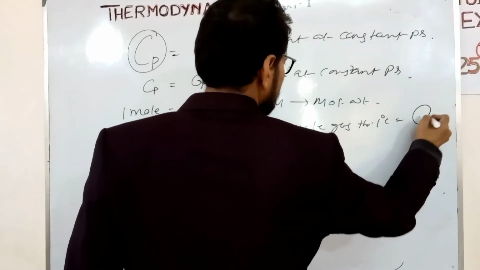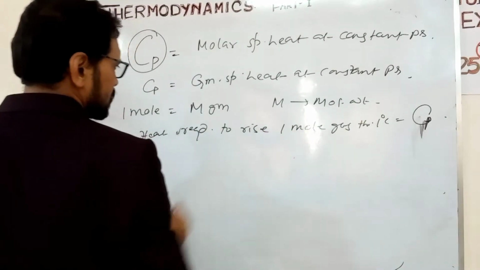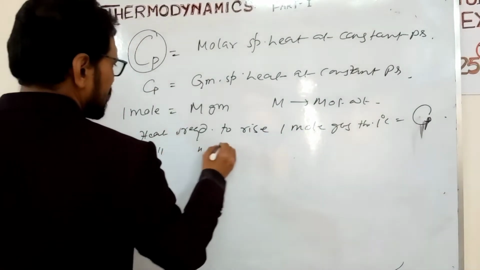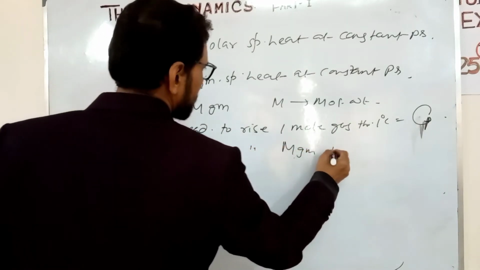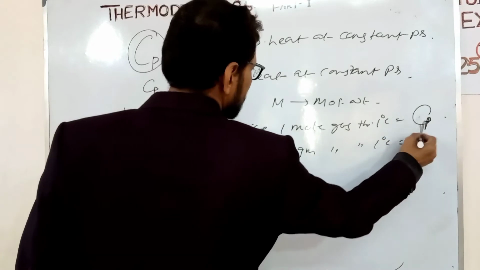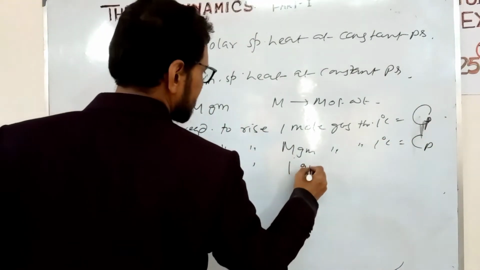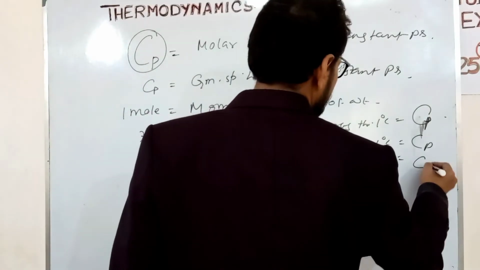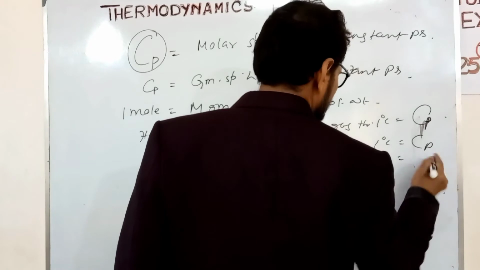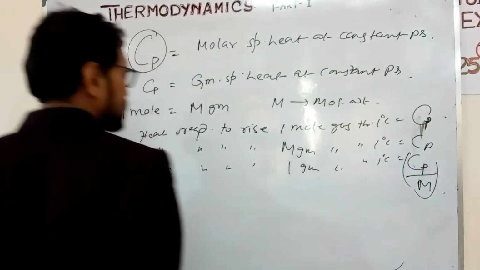That is, heat required to raise M gram of gas through 1 degree centigrade equals Cp. Now heat required to raise 1 gram of gas by 1 degree centigrade equals Cp by M. This is called small cp.